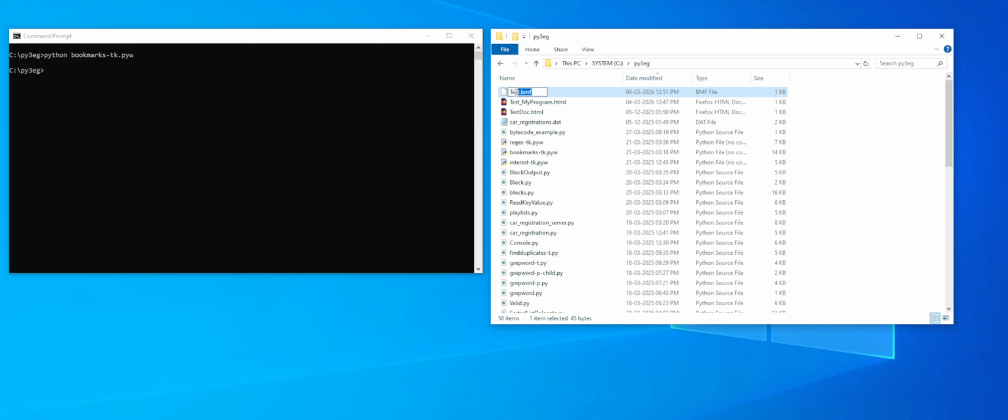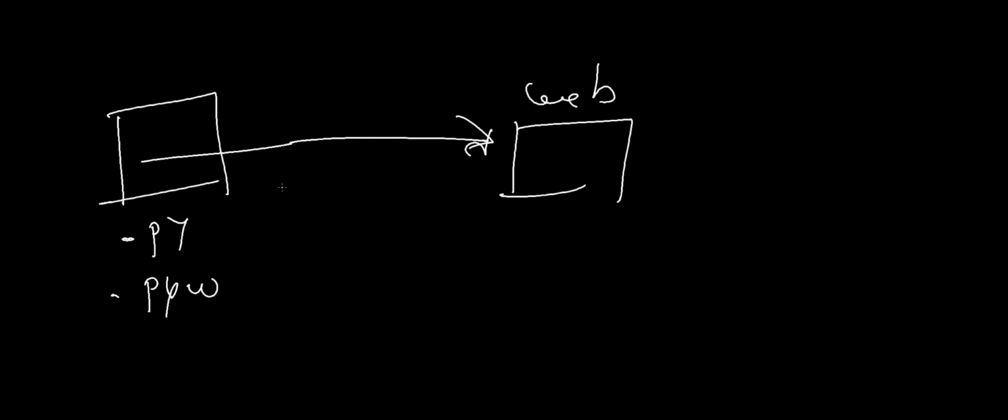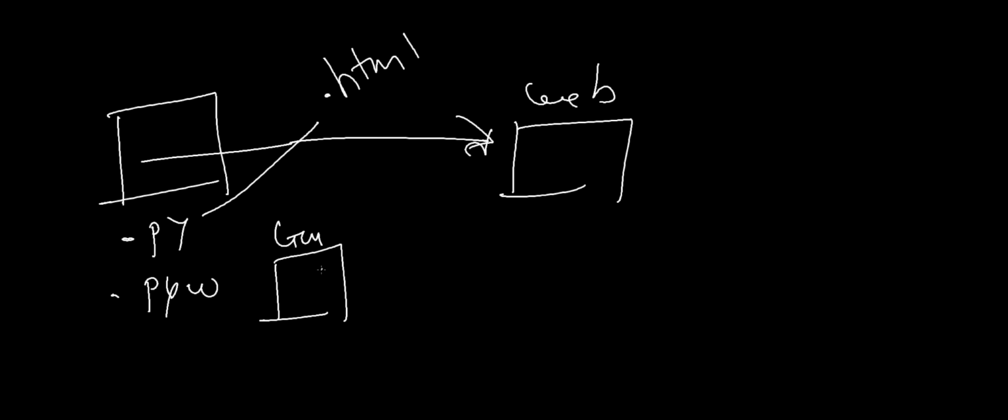So test.bmf has been saved through that program. The point here is that with .py and .pyw, these Python programs, we were able to interact with the web through a GUI or through a regular program. It first made the .html, then through the GUI program it interacted with the web.